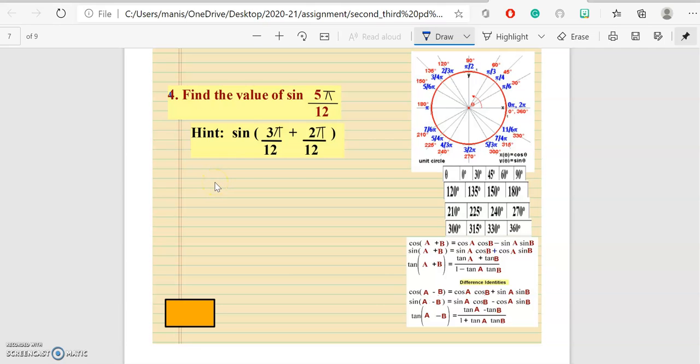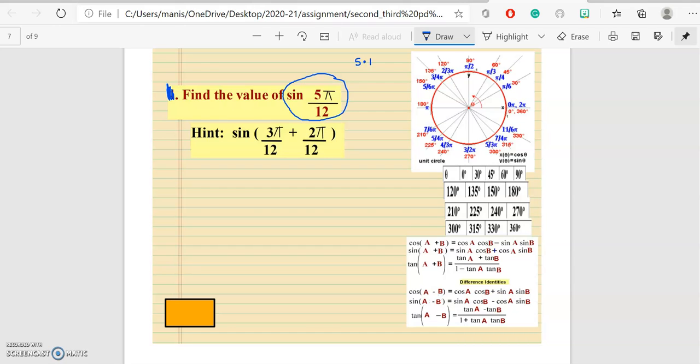Question number 1 says find the value of sine 5 pi over 12. Now how will we solve this, because this is in terms of radians, 5 pi over 12. What I usually advise is to convert 5 pi over 12 into degrees.